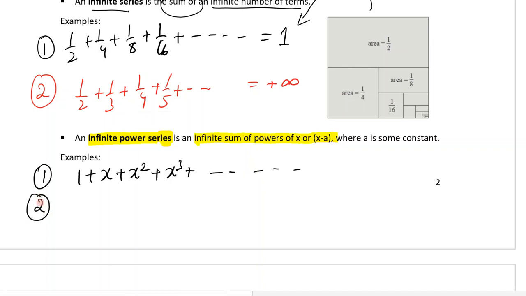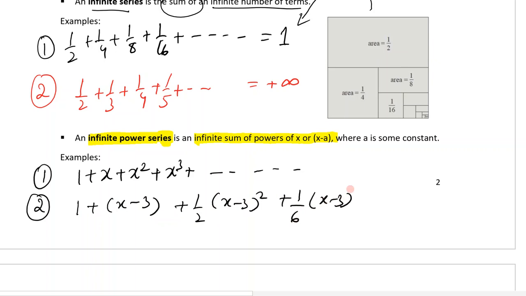It doesn't necessarily need to be powers of x. It can be something like 1 plus (x minus 3) plus 1/2 (x minus 3) squared plus 1/6 (x minus 3) cubed, but we still involve powers of the factor x minus a, right? So a is 3 in this case.